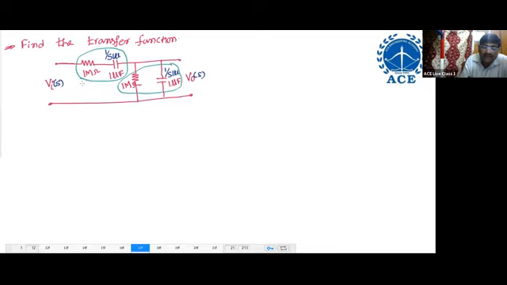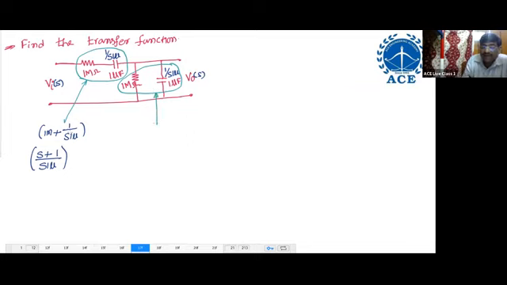First, simplify the series blocks. What do I get here? 1 mega plus 1 by sC, C is 1 micro. Taking the LCM, 1 mega and micro becomes 1, so (s plus 1) by s into 1 micro. Now simplify the parallel combination.